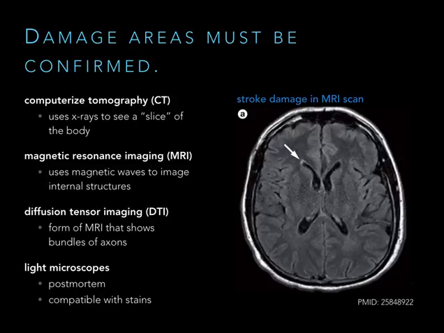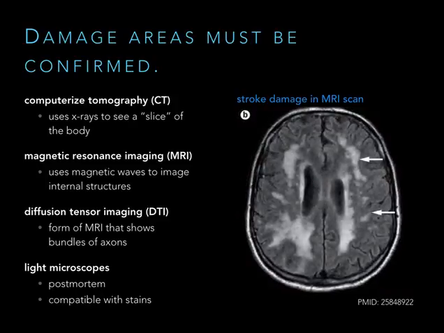Of course, every stroke is different. Sometimes you have more widespread damage, as we can see here. Those lighter regions are showing us areas of tissue damage where the water can move a little more freely. And because of the difference in how water moves, we can see that the tissue has been disturbed.